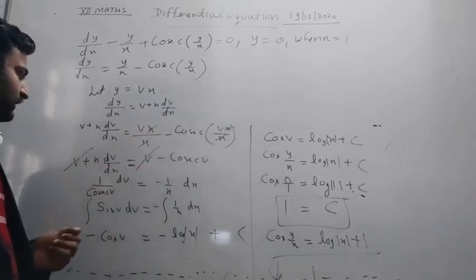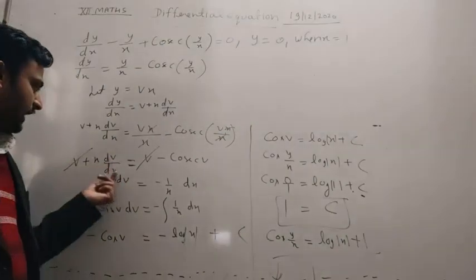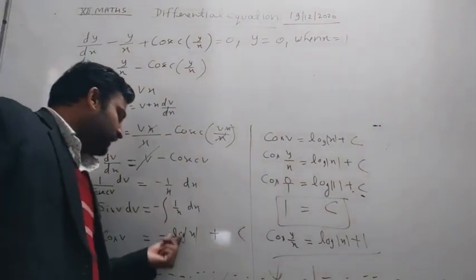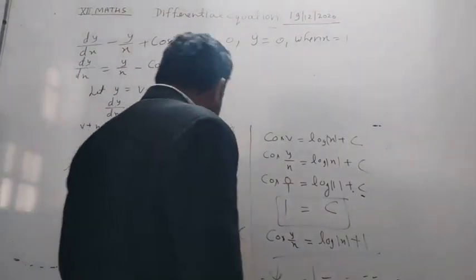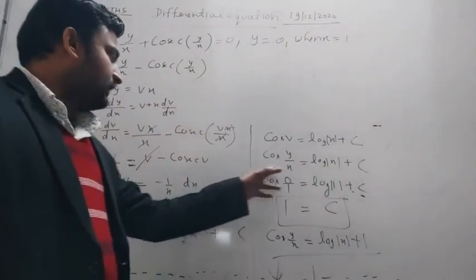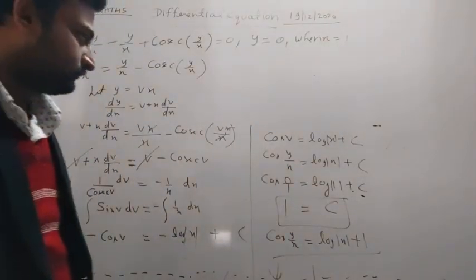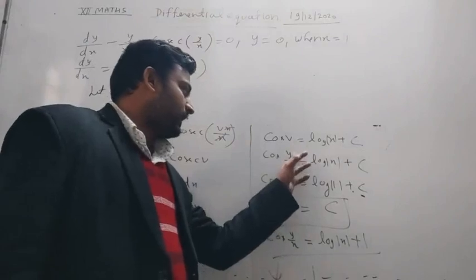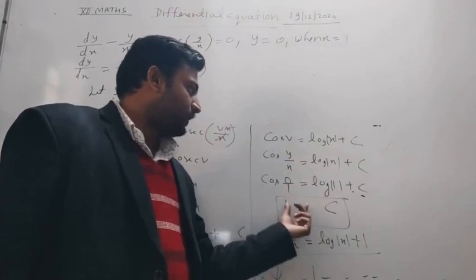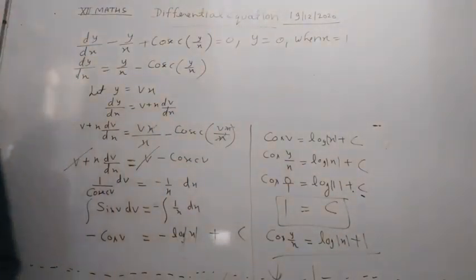Now we take the v with cosec v and x with dx, and integrating it we are getting minus cos v, and this is minus log x plus c. Okay, now this minus and minus will reduce, and cos y by x is log mod x plus c. Okay student, now put the value of y and x, which is 0 and 1. We get c is 1. Now put this value here and we get our particular solution.